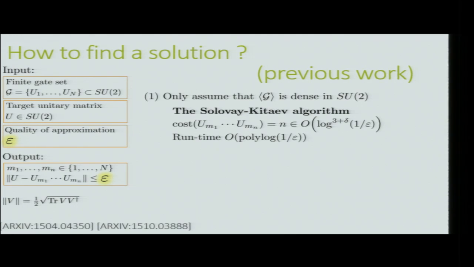And a quick comment: when we talk about runtime, it usually means in terms of just 1/epsilon, right? So we allow arbitrary precomputation based on G, and in particular, this algorithm will require you to do a pretty huge precomputation first before you can build this approximation.